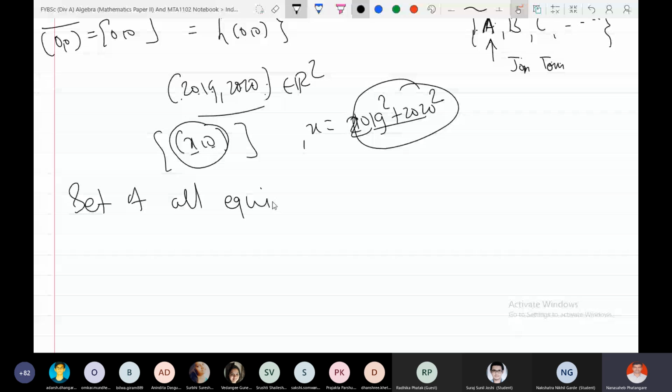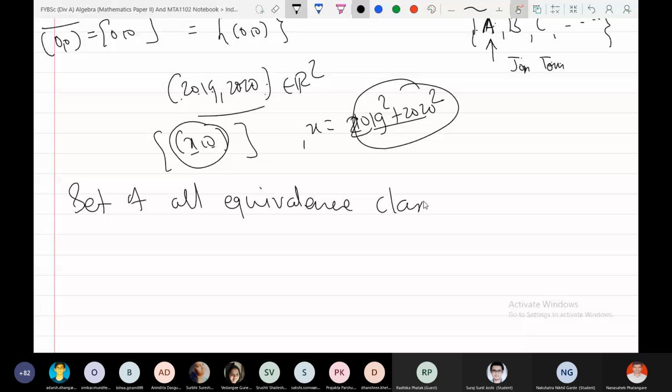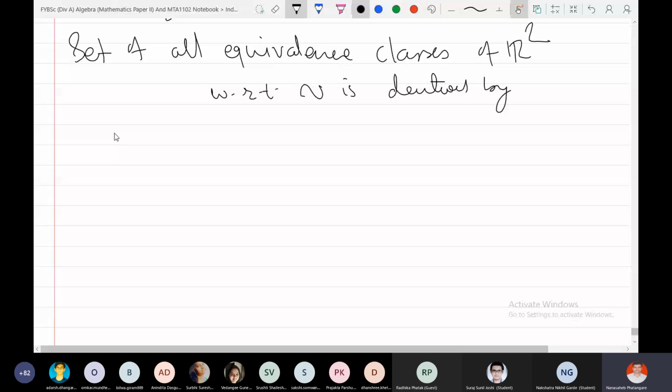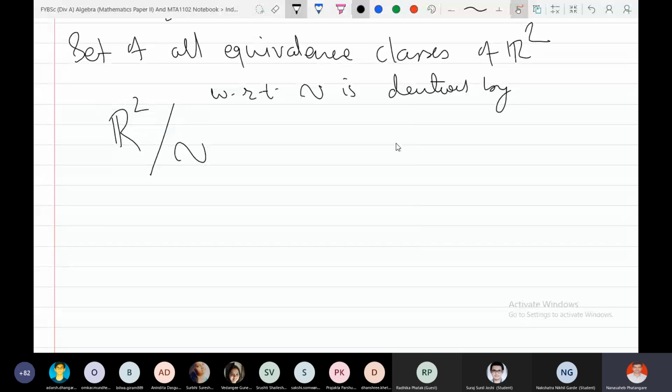So the main point is that the set of all equivalence classes of R2 with respect to the equivalence relation tilde is denoted by R2 modulo the relation.